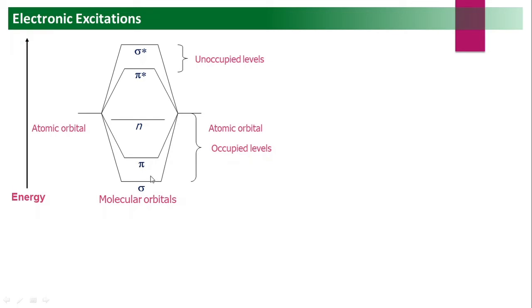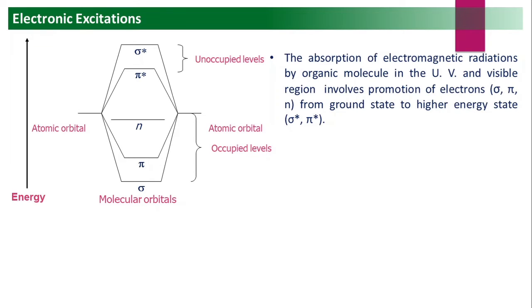So these are the occupied orbitals: the sigma bonding electrons and the pi bonding electrons, while these are the anti-bonding unoccupied levels, that is pi star and sigma star. And this is n, that is non-bonding electrons, the lone pair of electrons. So excitations are possible.